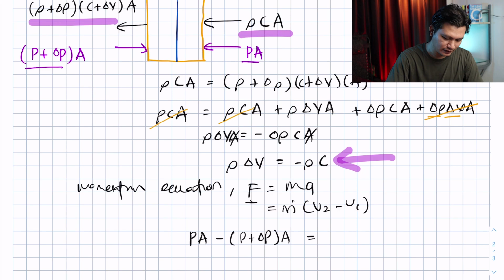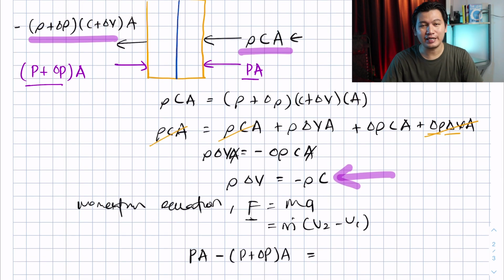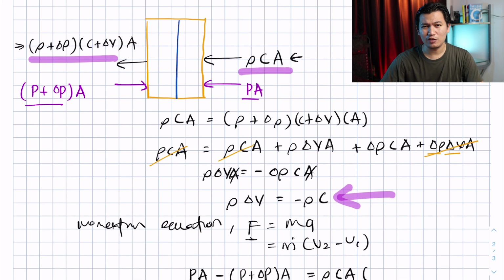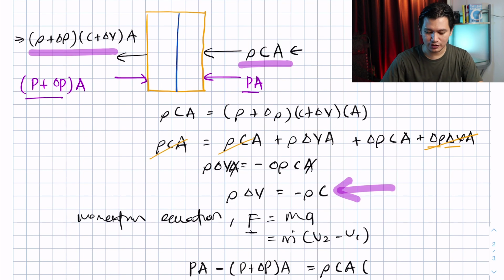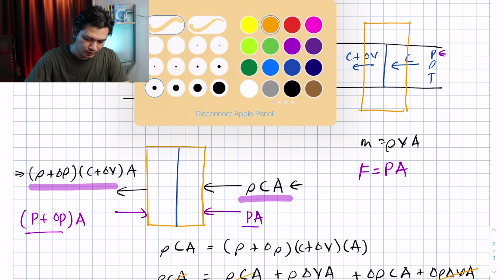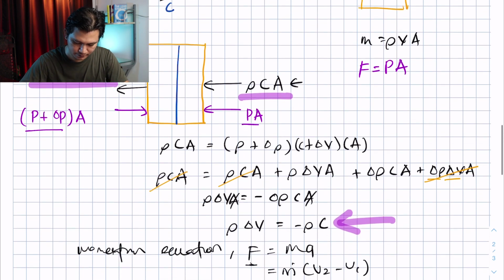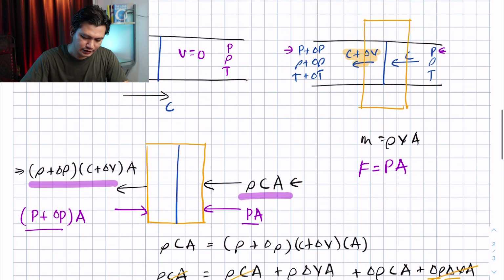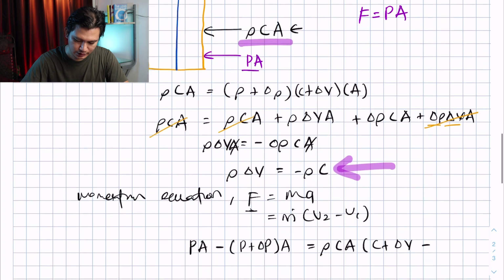So I would rather choose the simpler one, which is rho times c times A. And we do V2 minus V1. V2 is on your left hand side, so velocity on the left of the wave is now c plus delta v, minus V1, the velocity to the right hand side of the wave, which is just c. So c plus delta v minus c.